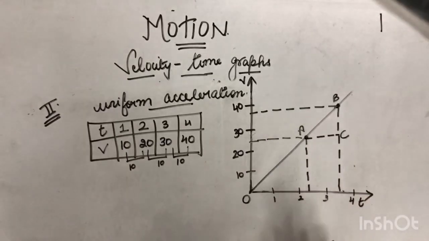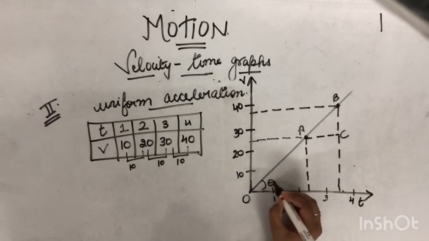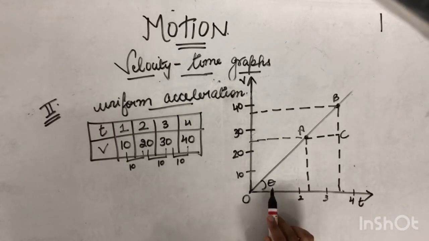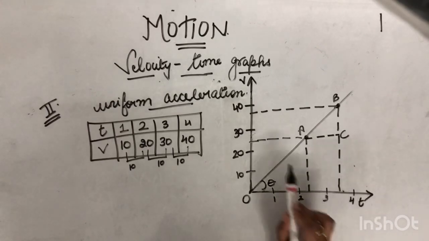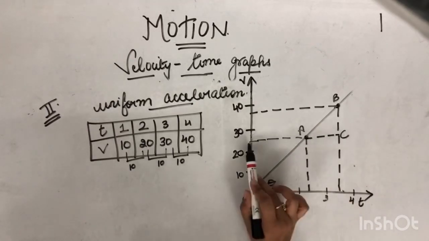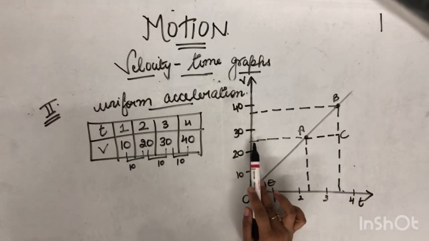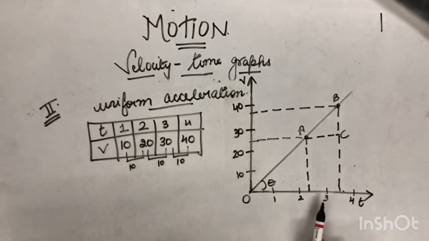Now you have done the concept of parallel lines. This is angle theta. If this angle is theta, this axis and this line are parallel to each other, because we drew a perpendicular on the y-axis, and if it is perpendicular to the y-axis, then it will be parallel to the x-axis.